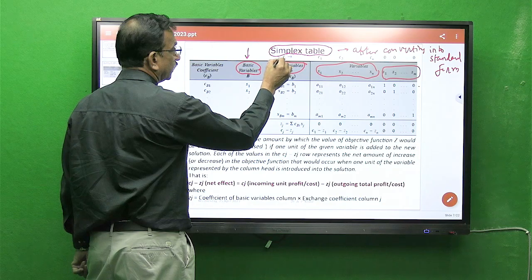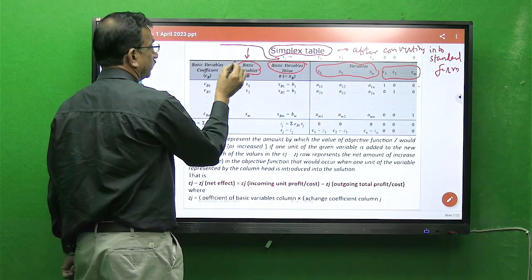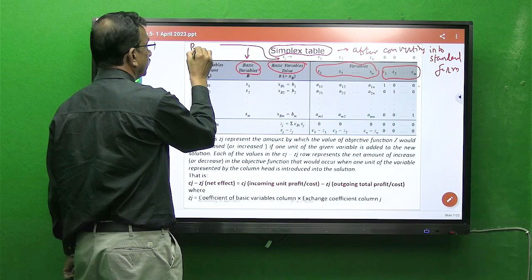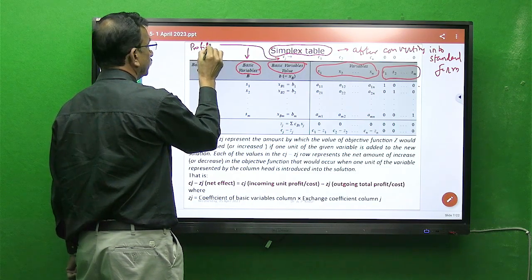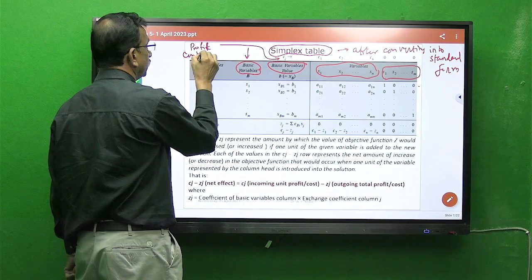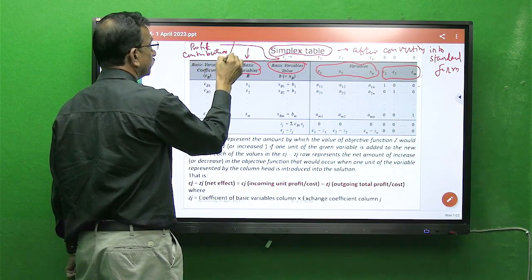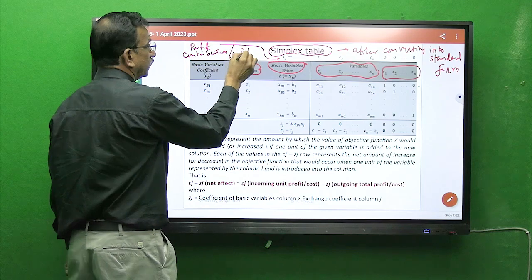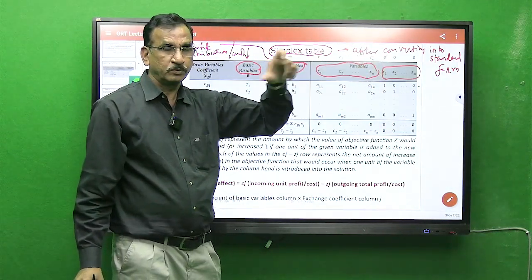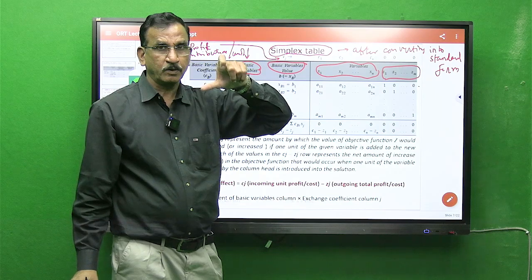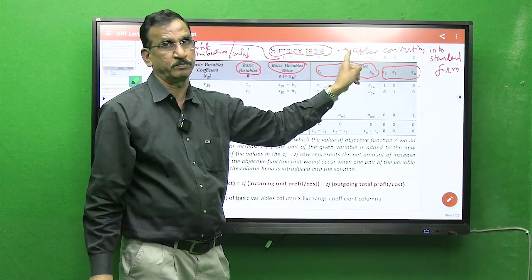This row is called profit contribution per unit, contribution per unit. This is written from the objective function equation from standard form.